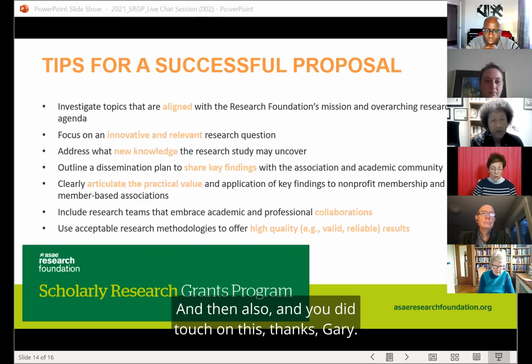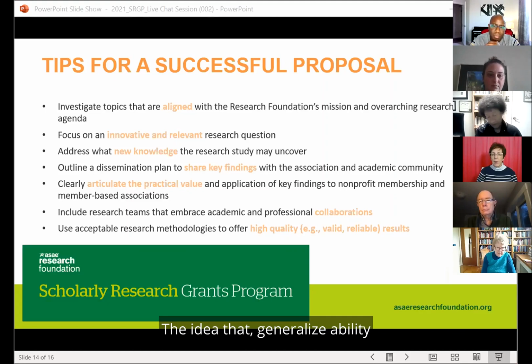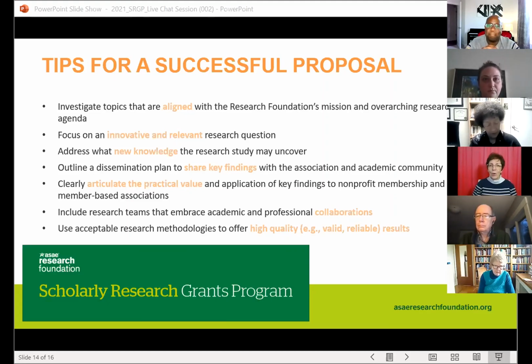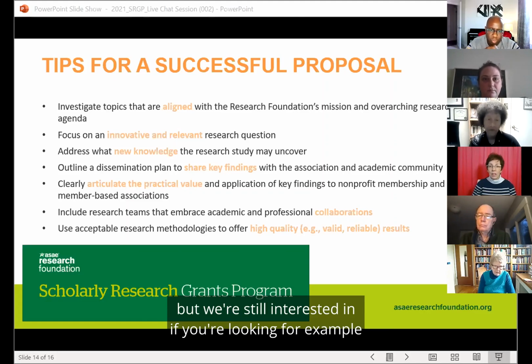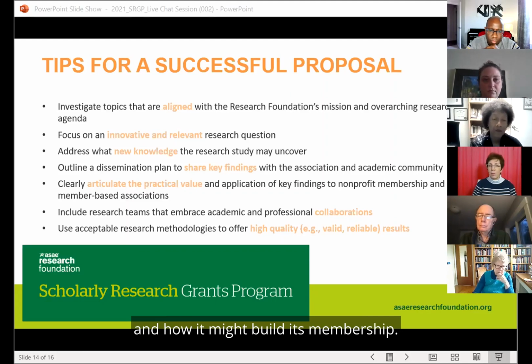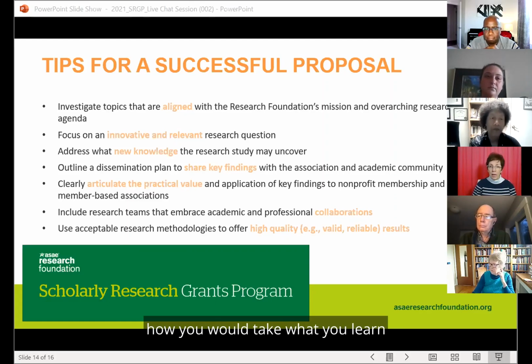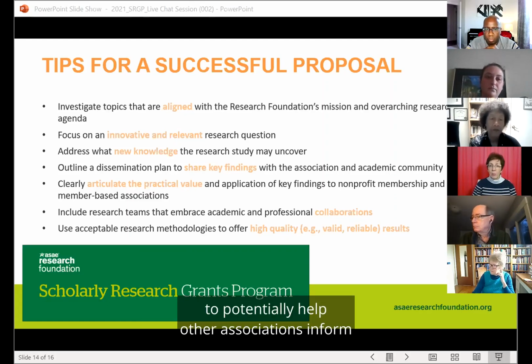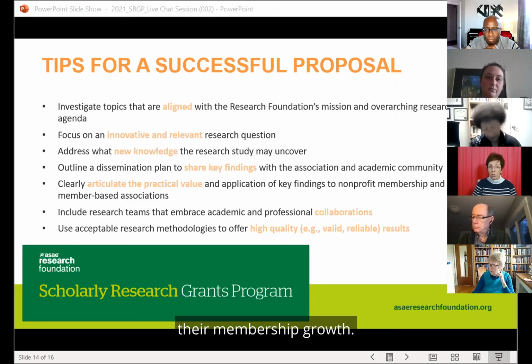And then also, and you did touch on this, thanks, Gary, the idea that generalizability is always a difficult thing in research, but we're still interested in, if you're looking, for example, at one particular organization and how it might build its membership, that's great for that organization, but we'd like to see in the proposal how you would take what you learn to potentially help other associations inform their membership growth.